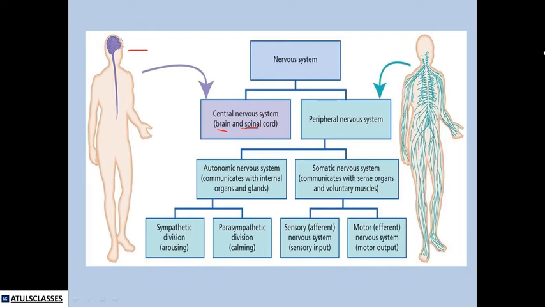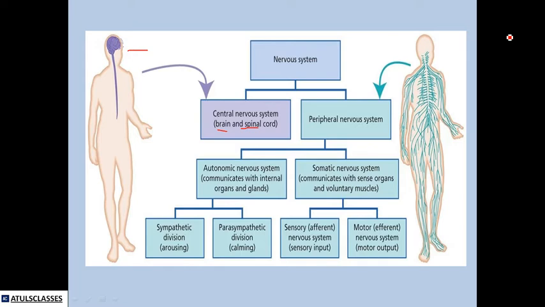Then we have a somatic nervous system. As the name suggests, it is mainly responsible for the parts that communicate with sense organs and voluntary muscles. So somatic means voluntary muscles, connected by the sense organs.